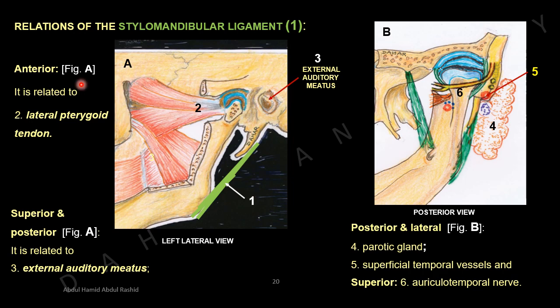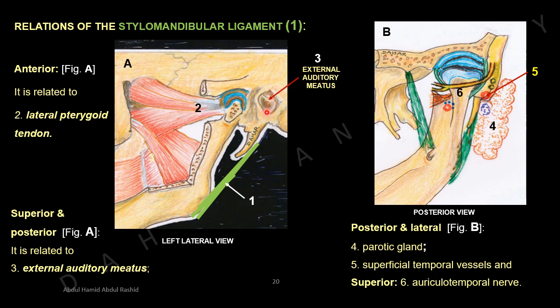Let's go back to diagram A. Now, anterior relations of stylomandibular ligament. If you see very carefully, this is the ligament. Anterior and above is temporomandibular joint, and anterior to it is tendon of the lateral pterygoid muscles.